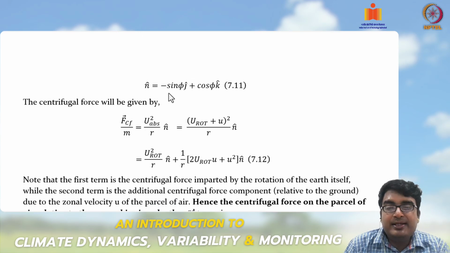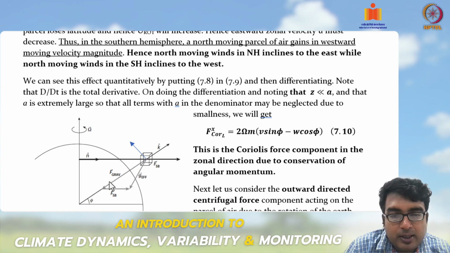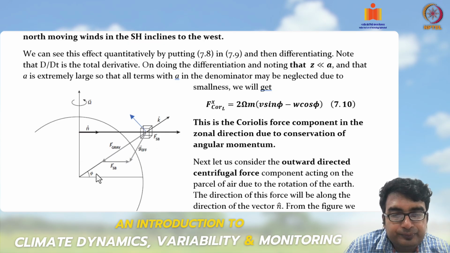The n vector is minus sine phi j. How does this work? You drop a minus j on this side. So this angle is cos phi and this angle is sine phi. This is phi, right?